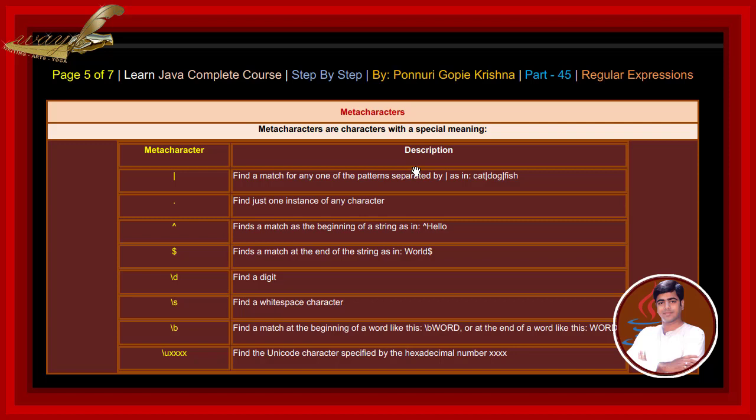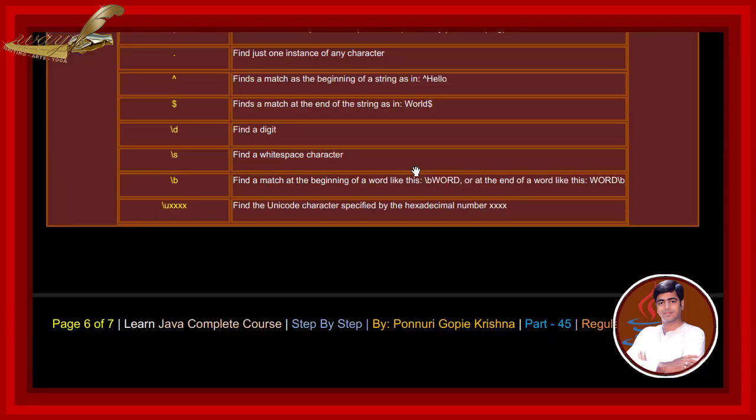Dollar: finds a match at the end of the string, as in World$. \d: find a digit. \s: find a whitespace character. \b: find a match at the beginning of a word, like \bWORD, or at the end of a word, like WORD\b. \uxxxx: find the Unicode character specified by the hexadecimal number xxxx.